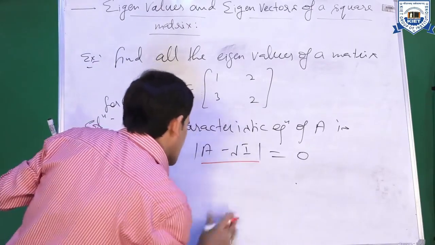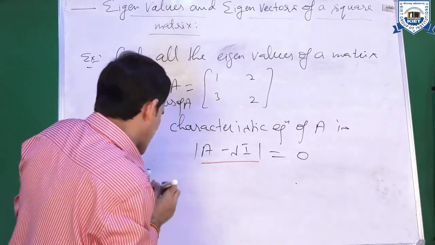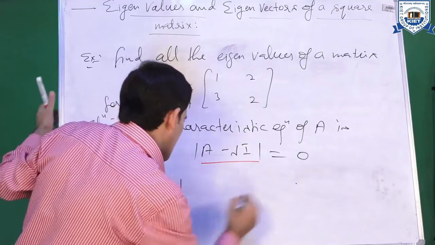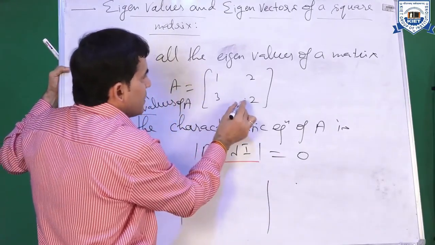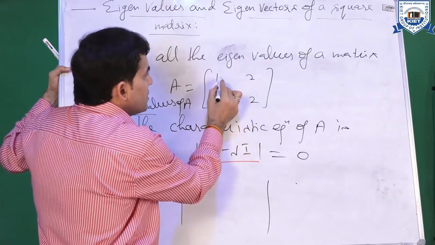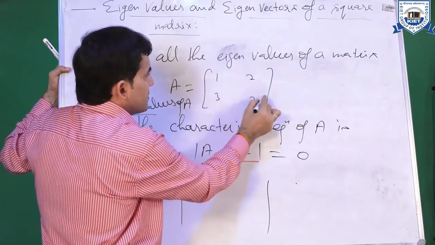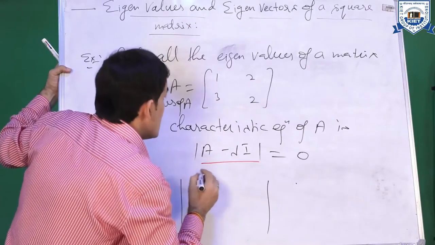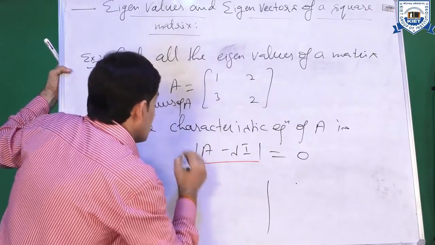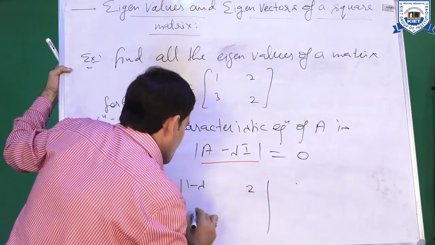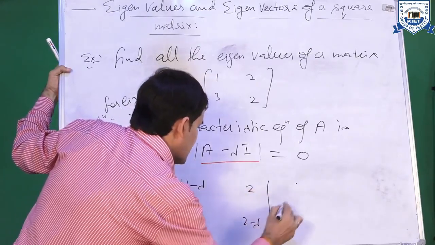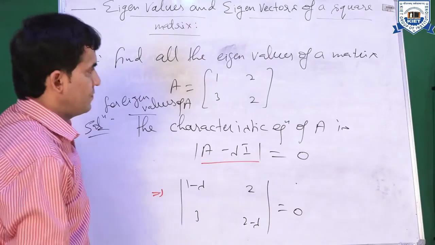And this matrix you can find in a very simple manner. How will you find it? You have to subtract lambda from this diagonal entry and this diagonal entry. Then the characteristic equation of matrix A will be 1 minus lambda, 2, 3, and 2 minus lambda is equal to 0.